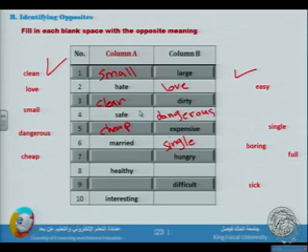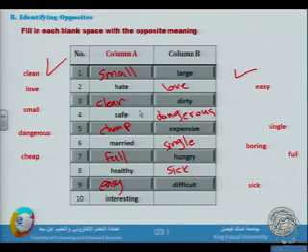Hungry, its opposite is full. Healthy, its opposite is sick. Difficult, its opposite is easy.